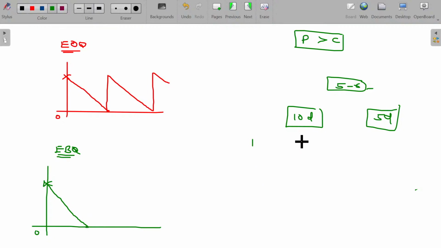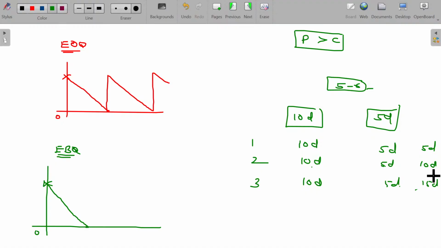For every 1 hour, 10 dosas are prepared and 5 dosas consumed, and the stock piles up to 5. Another hour, another 10 prepared and 5 consumed, so it becomes 10. Third hour, she prepares another 10, only 5 consumed, then it piles up to 15.